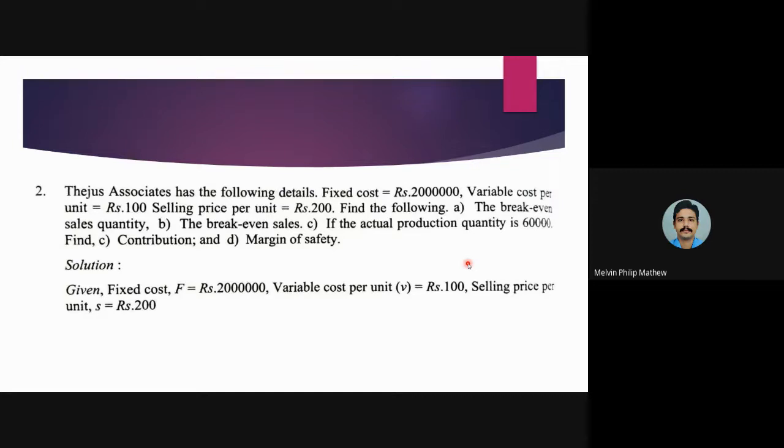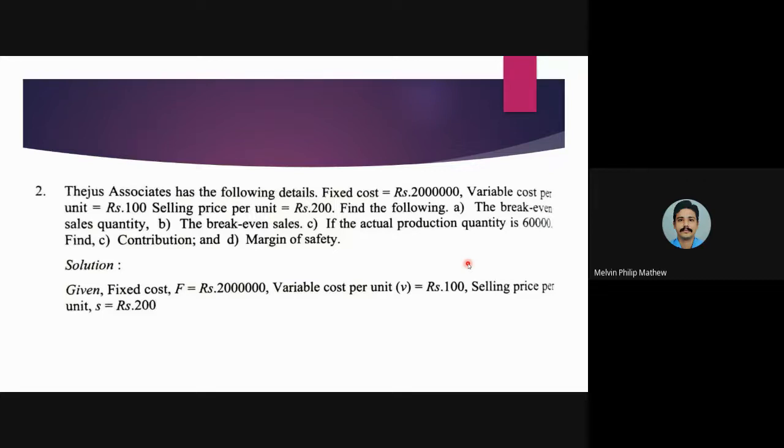Find the following. So we have to find 4 things. Please write down one by one downwards. A, the break-even sales quantity, that is the break-even point. B, the break-even sales.